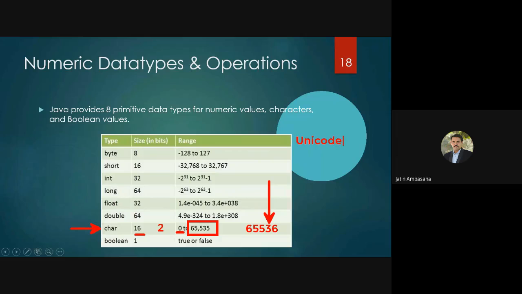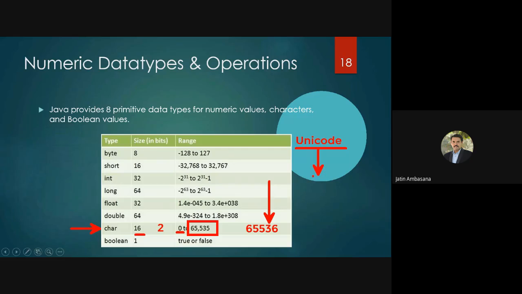Java supports the Unicode characters, which are 16 bits. And Unicode characters are used to represent most of the written languages of the world. Like it can also represent the Devanagari script of India. It can also represent the Chinese and Japanese language scripts.